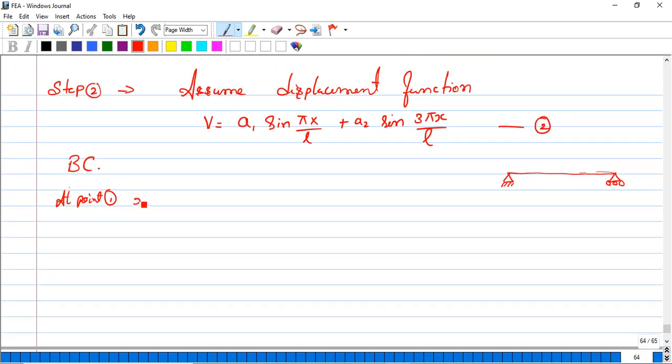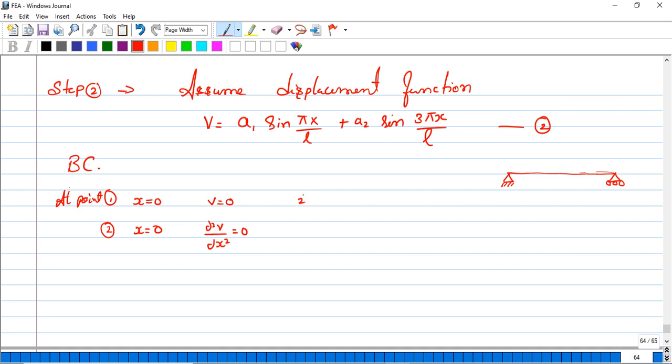When x is equal to 0, I will take v is equal to 0, meaning the vertical displacement is 0 because it is fixed. The second one, when x is equal to 0, d squared v by dx squared is equal to 0.